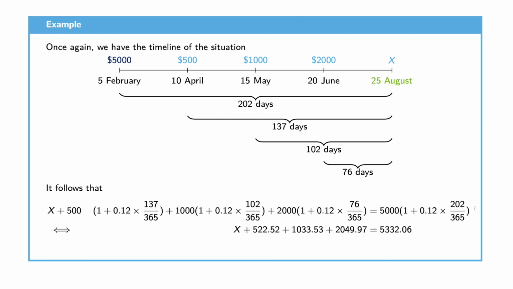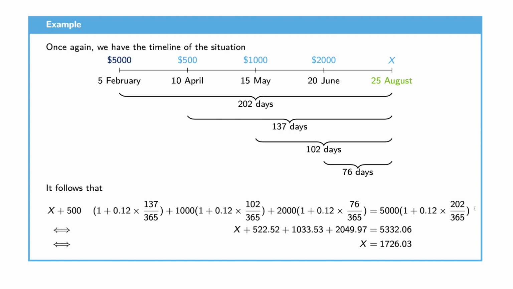So once we calculate all that using a calculator, we get the following sums. After some algebraic manipulation, we get a value that X is equal to 1,726.03. And it's here that we've finished the example.